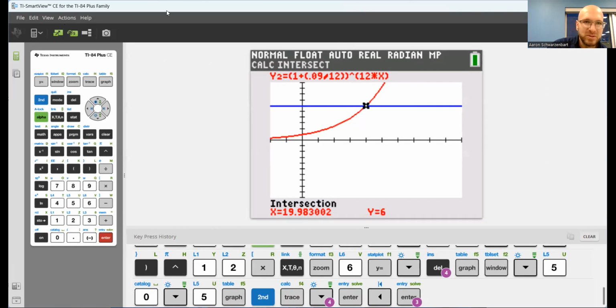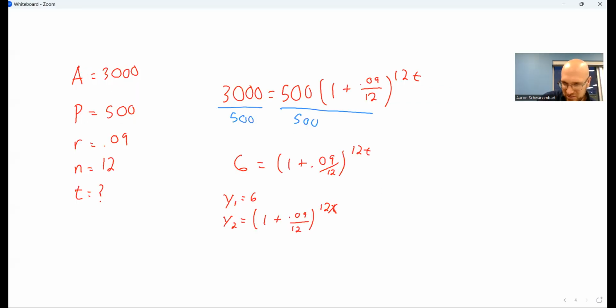Okay, we're going to move to example 4, where we're going to find the interest rate that's needed to get to a certain amount in a certain amount of time. So Stephen has $500. He wants what interest rate compounded quarterly is required to double his money in 10 years.